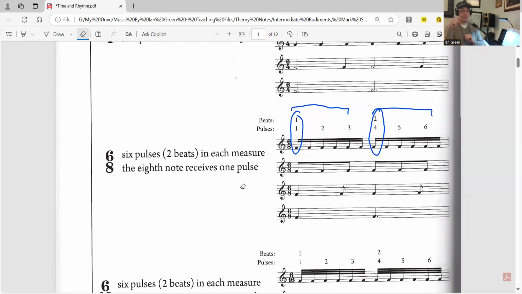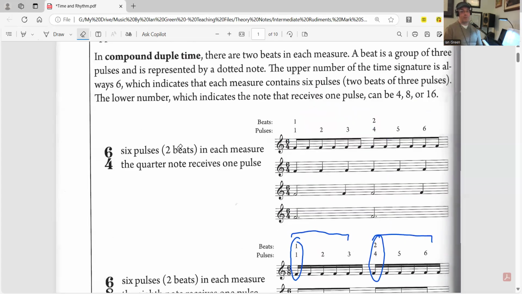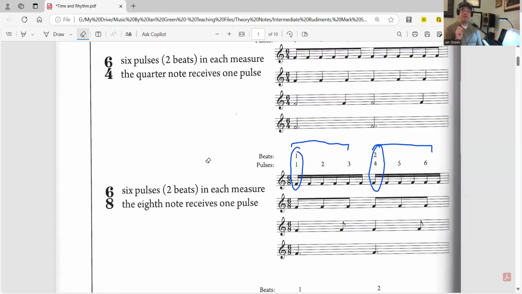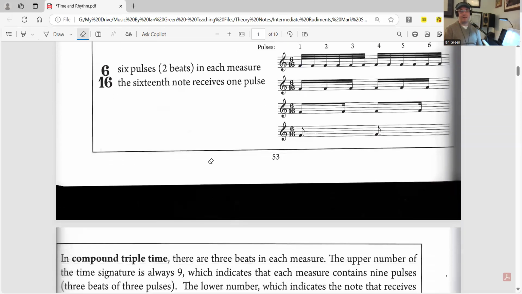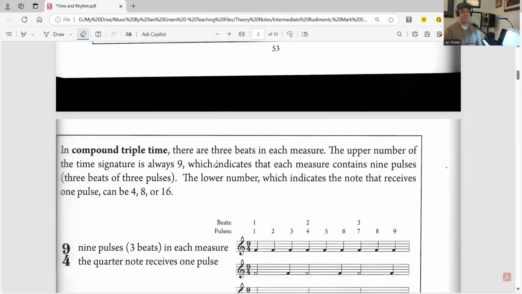So instead of counting 1, 2, 3, 4, 5, 6 really quickly and conducting it and getting all confused, sometimes conductors and musicians count in 2 in 6/8 or compound duple time, because you have 2 groups of 3, but because the tempo is so fast, it's easier to count like this: 1, 2, 1, 2, 1, 2, 1, 2. So it's sometimes an aspect of simplicity more than anything else.